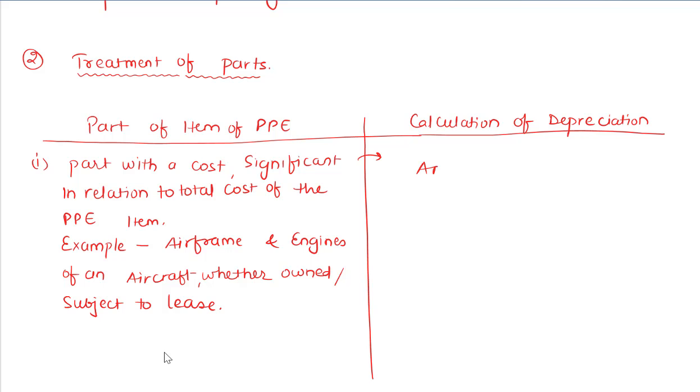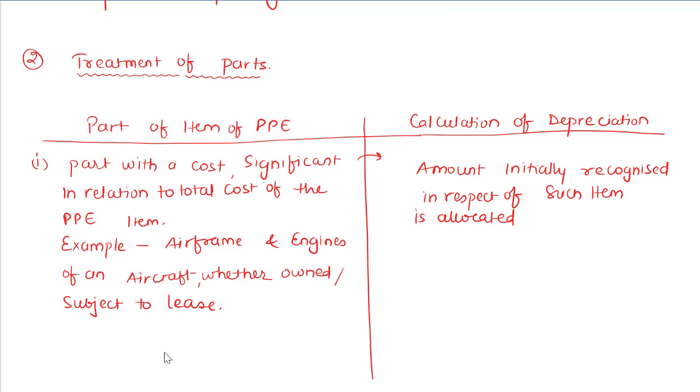Just write over here: amount initially recognized in respect of such item is allocated to its significant parts and depreciated separately.